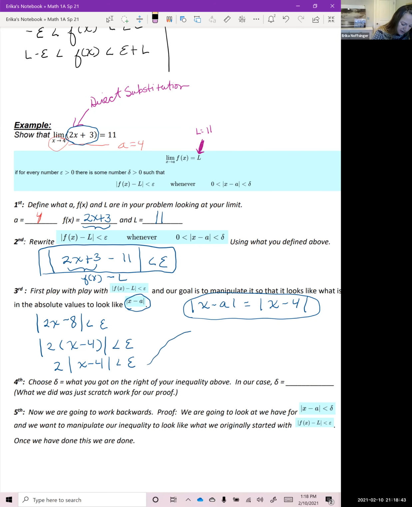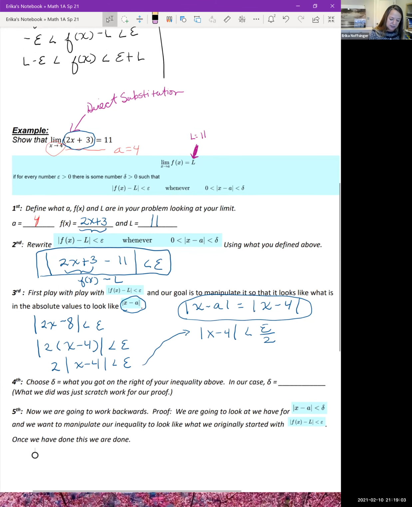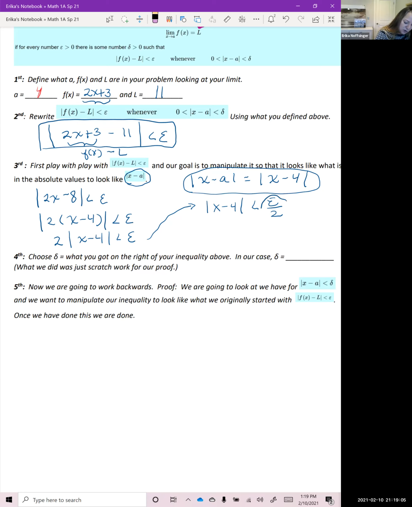So here we would have the absolute value of x minus 4 is less than epsilon divided by 2. Once you've manipulated it in that form of absolute value of x minus a, then we can tell what we're going to choose our delta to be. So this is what we want to choose delta to be.